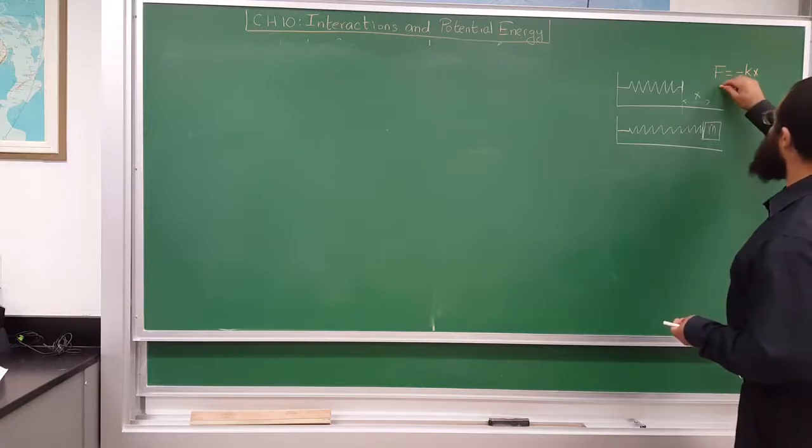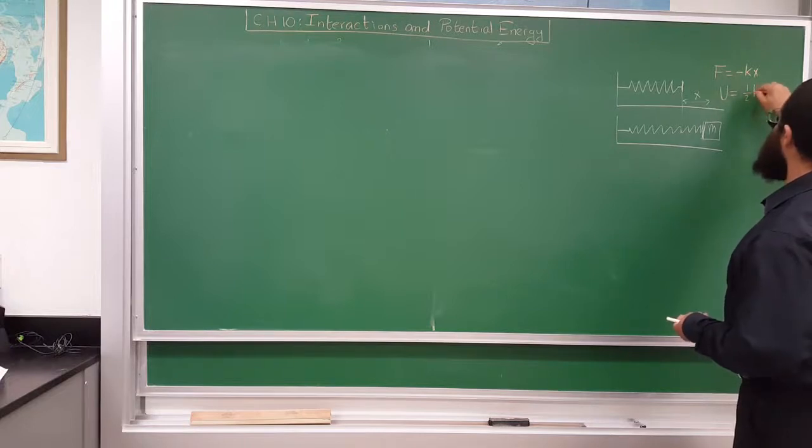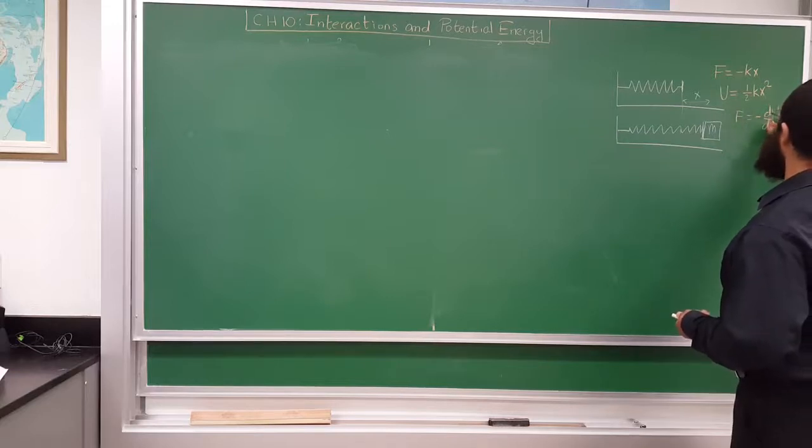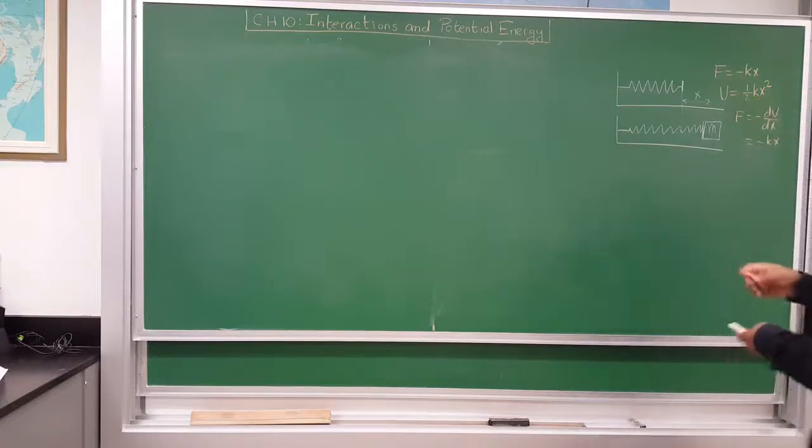And we said we could associate a potential energy with this that is 1/2 k x squared, so that the force will be negative dU/dx, and that is equal to negative kx. When you take the derivative with respect to x, you get kx. Minus kx.